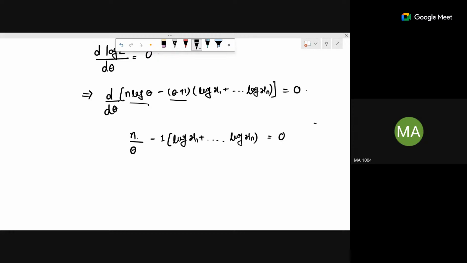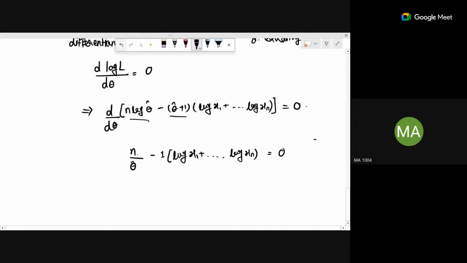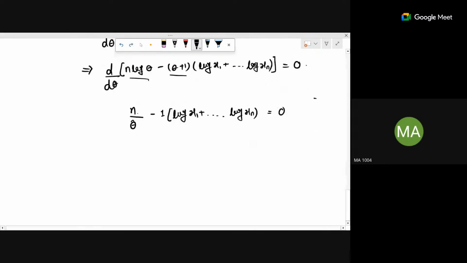We'll do one more thing here. We'll write this theta as theta cap, just to represent that this is an estimate, or you can just put the cap at the end. So that implies the estimate for theta is nothing but n upon log of x1 plus log of x2 till log of xn.